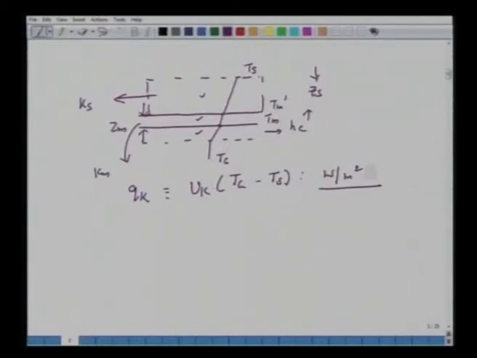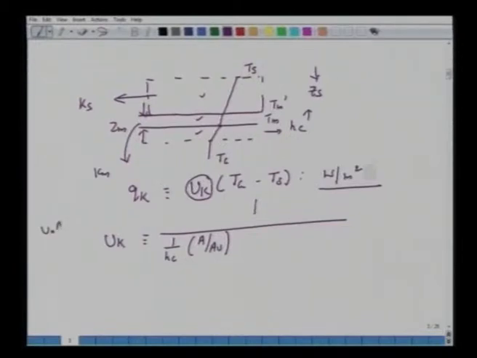Okay, and since you realize that there are three resistances, one can write Uk as a series combination of all these three resistances. This would be equal to 1 over Hc, A over Au. Alright, so now we are talking of different areas. If you recall from heat transfer, we have U0, A0, you have Ui, Ai, Um, Am. So we are making a correction for the different areas. It's possible that in some cases you can have areas like this. So the bottom surface has a different area, the top surface has a different area.